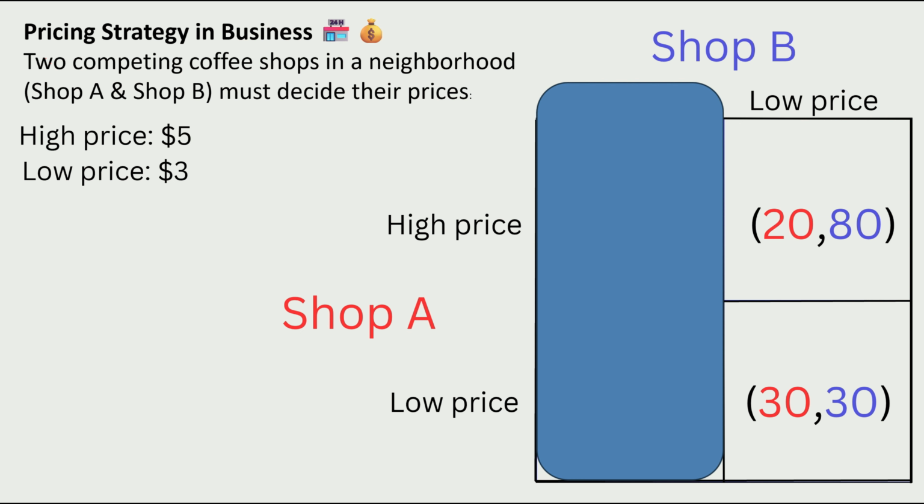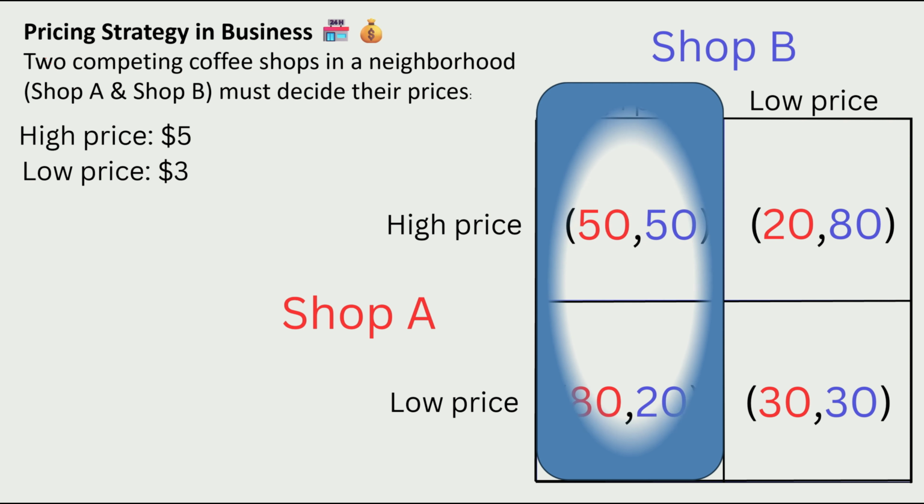Because 30 is greater than 20, clearly when shop B charges a low price, shop A will also charge a low price. So no matter what shop owner B charges, higher price or lower price, shop A will always charge a low price, because this is a dominant strategy for shop A, as it provides a better payoff regardless of what shop B does.